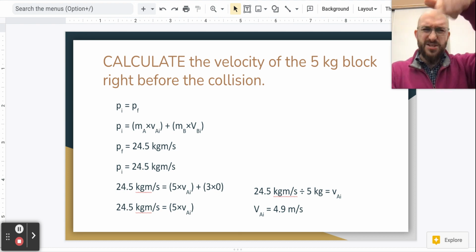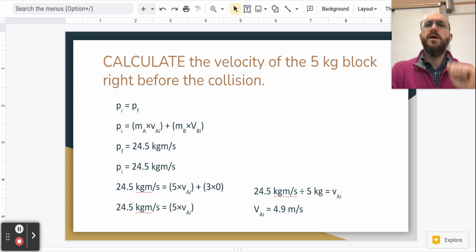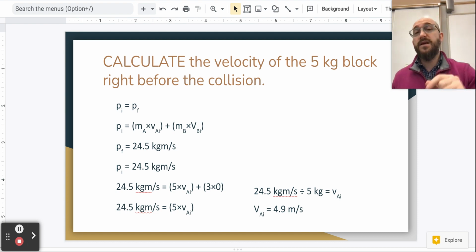And that's where the 3 times 0 comes from down there. All right, if that's 0, that means that 24.5 equals 5 times my velocity. I just have to solve for that velocity. I divide both sides by 5, I get an answer. My 5 kilogram block was traveling at a velocity of 4.9 meters per second in the positive direction. Wow, that was a lot.